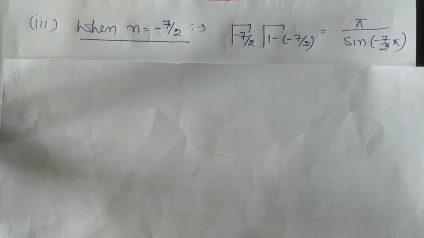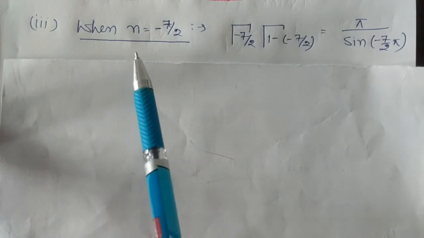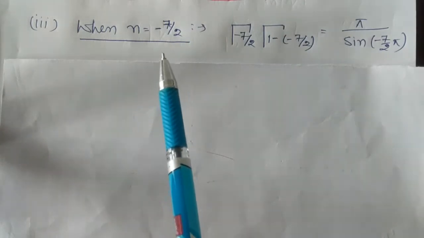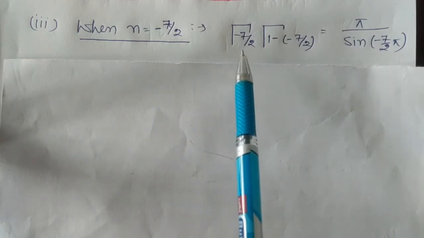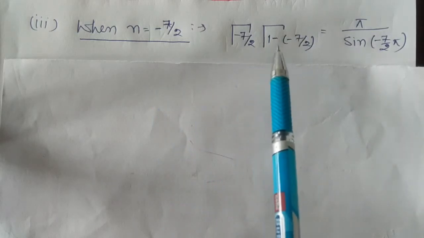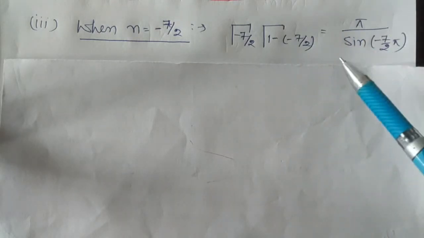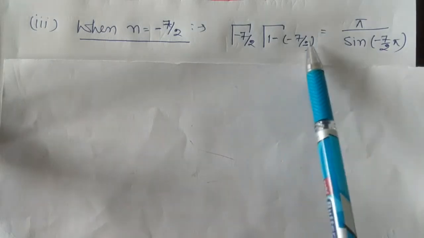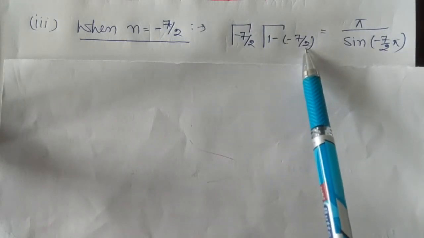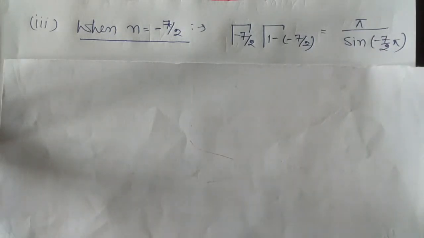Next we find the value of gamma negative 7 by 2. So we select n equal to minus 7 by 2. In the relation we get gamma minus 7 by 2 into gamma 1 minus 7 by 2 equal to pi upon sine minus 7 pi by 2. Now negative negative positive, so 1 plus 7 by 2 becomes 9 by 2, and here sine of minus theta is minus sine theta.